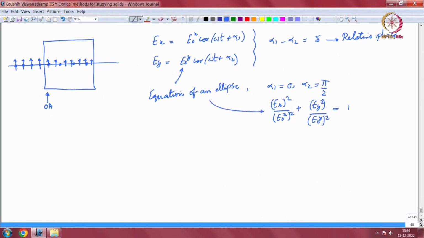Of course, for this special combination of alpha 1 alpha 2, the ellipse major axis lies along the x axis or the y axis, depending on the relative values of E0x and E0y, and the minor axis will lie along the other one. Okay. In general, for any arbitrary alpha 1 alpha 2, the major axis minor axis will be rotated and be in some direction in the xy plane, but nonetheless this is the equation of an ellipse, right.